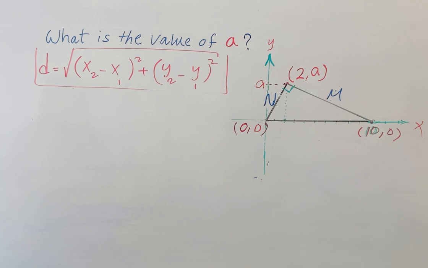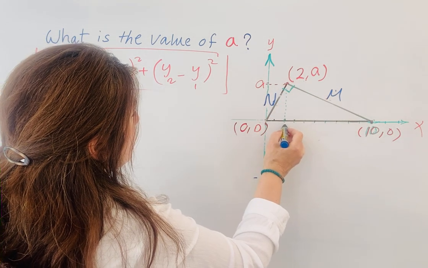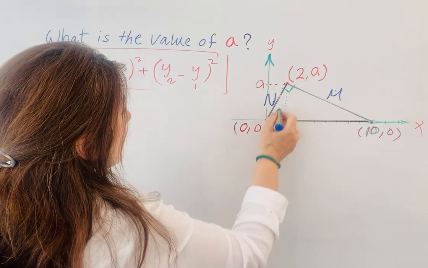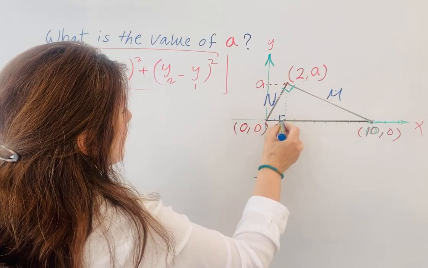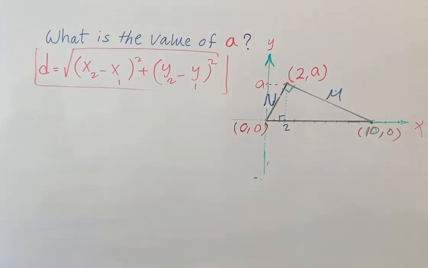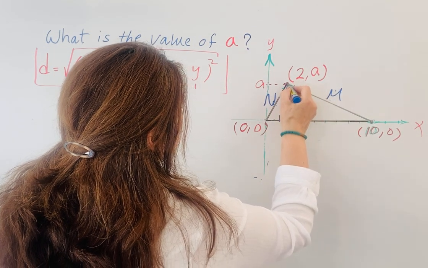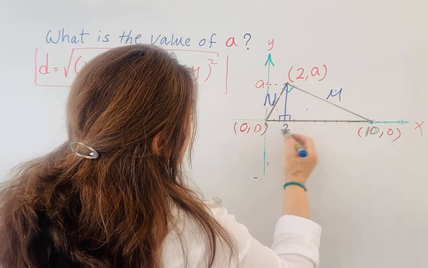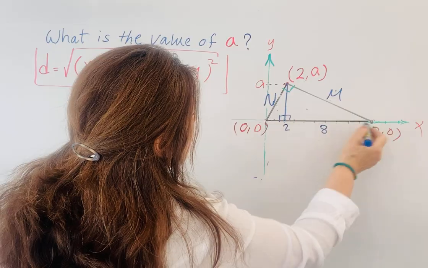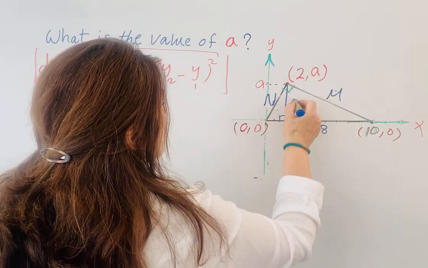My way is this, because I know that the x is 2 here. Because this is a right triangle, and the other one is a right triangle too, this one and this one. This is 10, and the rest of this is 8. And this one is A.